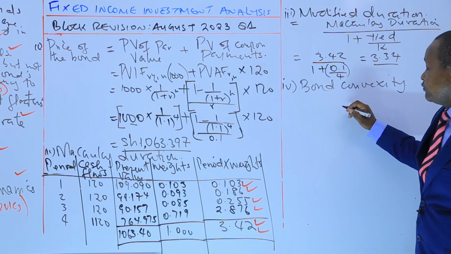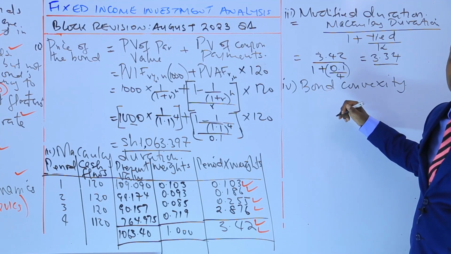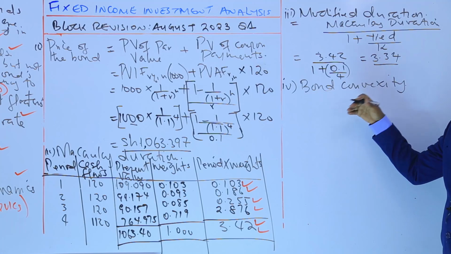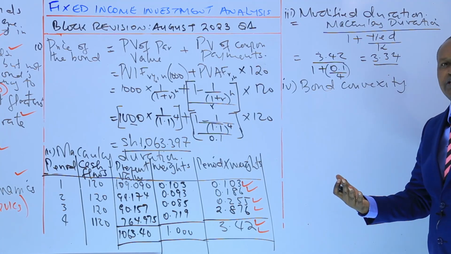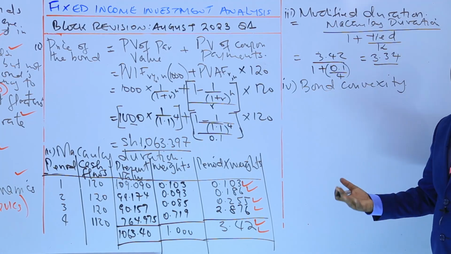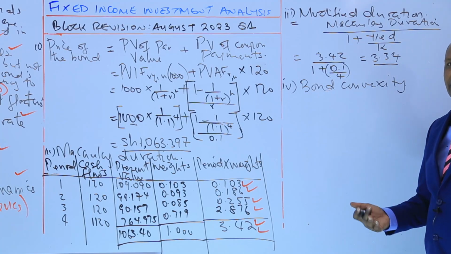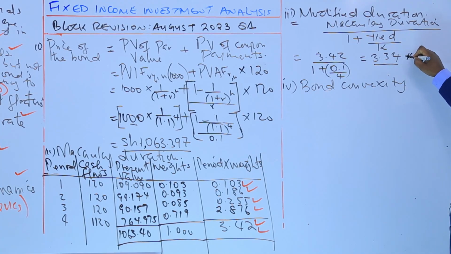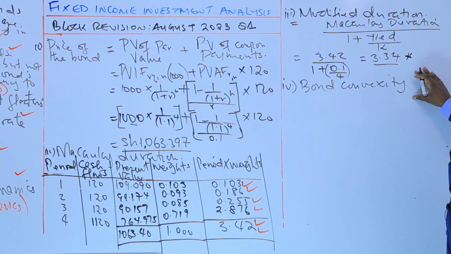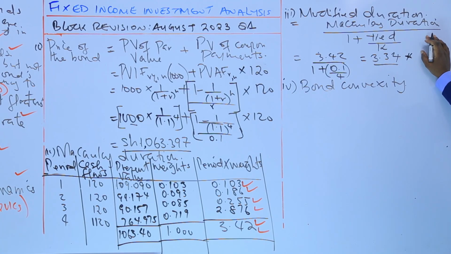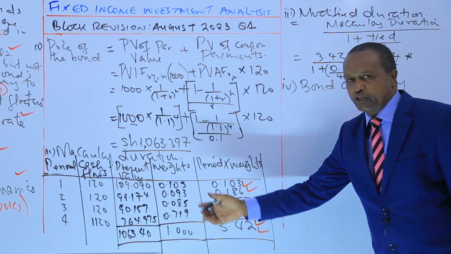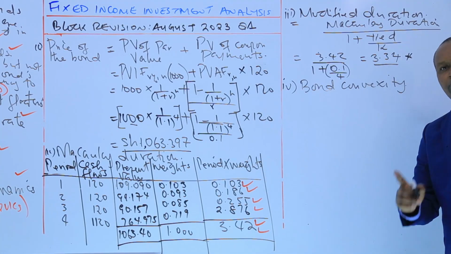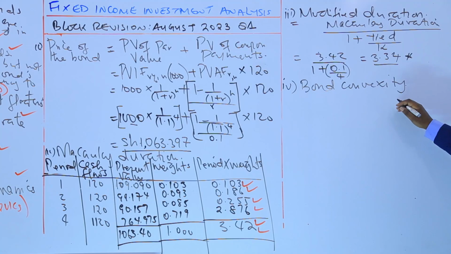And bond convexity provides additional insight into how a bond's price will change in response to interest rate movements beyond what is captured by the modified duration. So this is a more refined measure compared to the modified duration, which is a modification of the Macaulay duration. So let's compute the bond convexity of this bond.